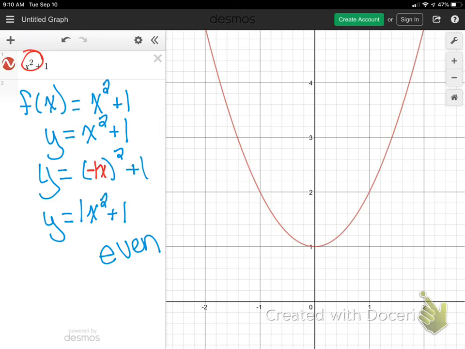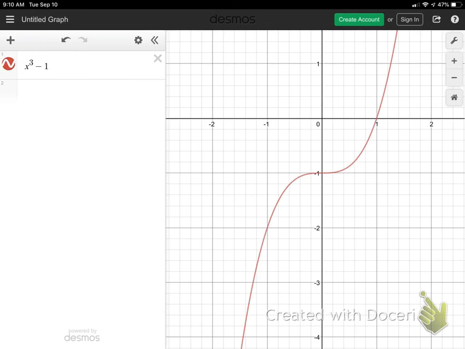Now, the last one that I want you to look at, it's not symmetrical to anything. Okay? If I folded it over the y, it's not symmetrical. If I folded over the x, it's not symmetrical. If I folded over the x and the y, it's not symmetrical. So this is an example of an exponent to the third power.